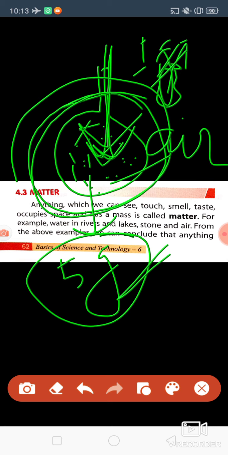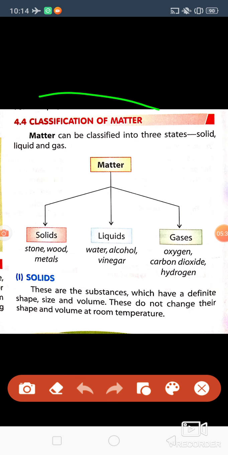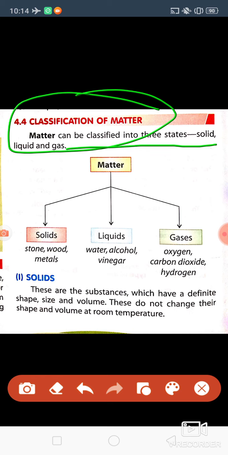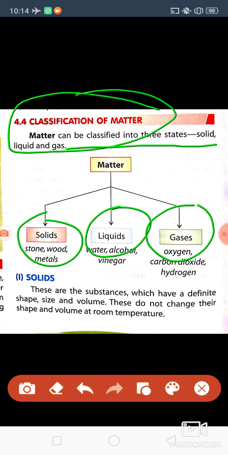So air, water, milk, stone, everything is matter. Now classification of matter. Matter can be classified into three states, that is solid, liquid and gas. Examples of solid: stone, paper, book, aeroplane, car, everything comes under solid.